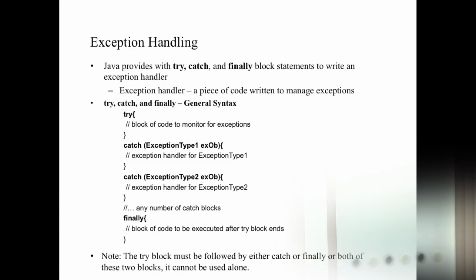The catch block is used to write code that can handle the exceptions, but it cannot be used alone. It must be used in combination with the try block. In the try block, we put the code where we expect an exception. If you have code that is likely to generate or throw an exception at runtime, then you must write that code inside the try block.